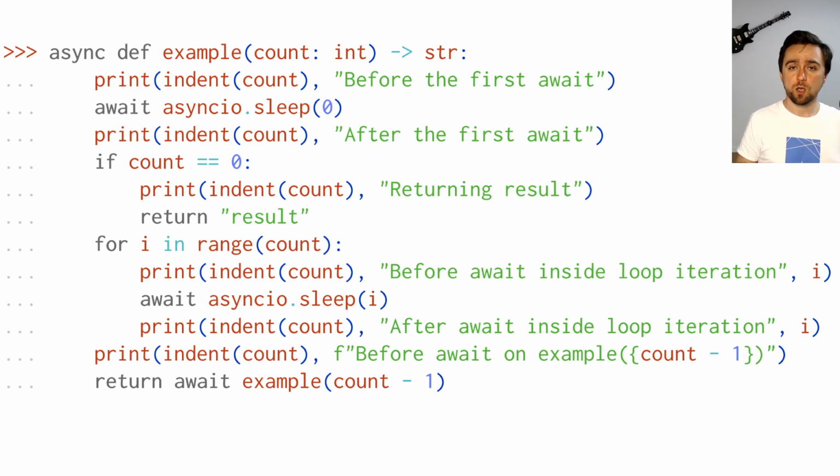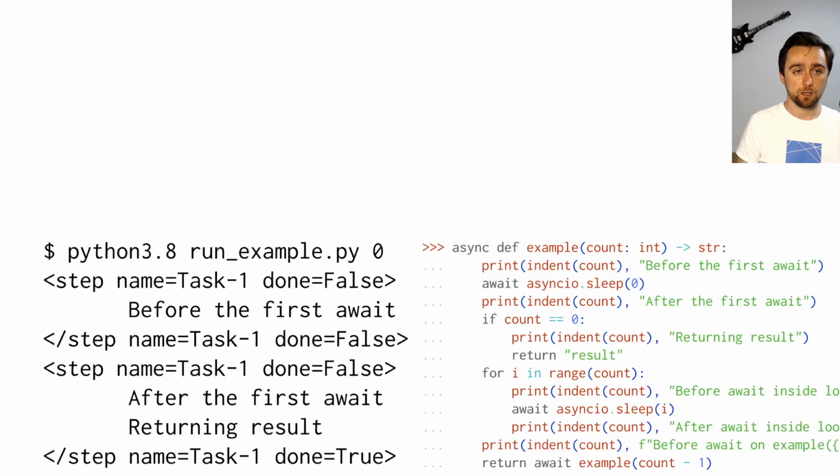So let's start with the simplest example that we can go with. If we put 0 in the count argument to example, we'll return early, right? With the if count equals 0 guard. So doing this, we actually see our nice logging, and there's already 2 steps. Interesting.